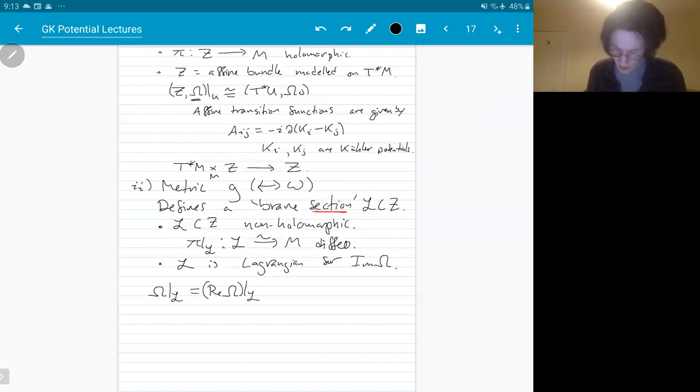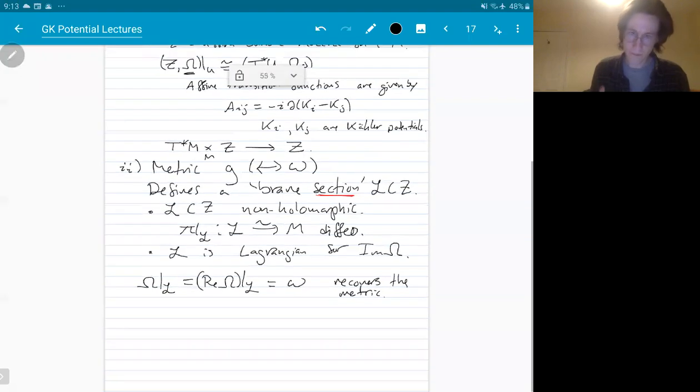And so this actually is equal to ω. So in this way, L corresponds to the metric. You can recover the metric by taking the holomorphic symplectic form and pulling it back to L.